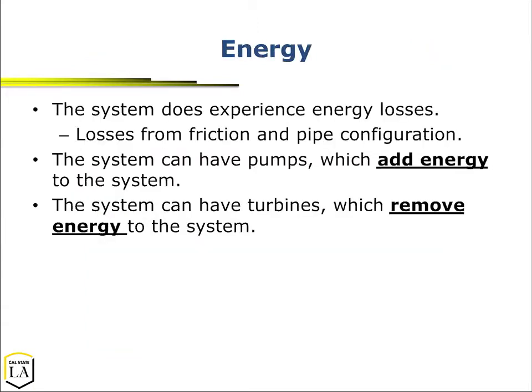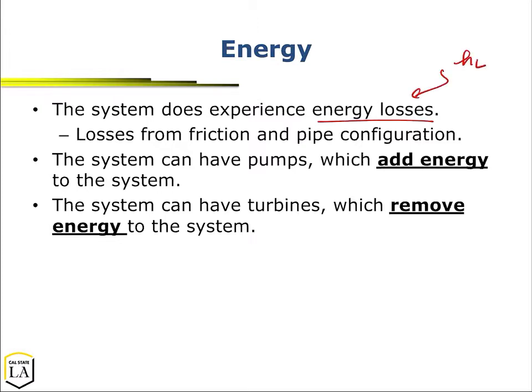The energy equation considers a few changes in the system. So first of all, you might have a system that experiences some energy losses, and those losses can be from friction or the pipe configuration. And so we would typically just refer to them as what's called HL, our energy loss, okay?